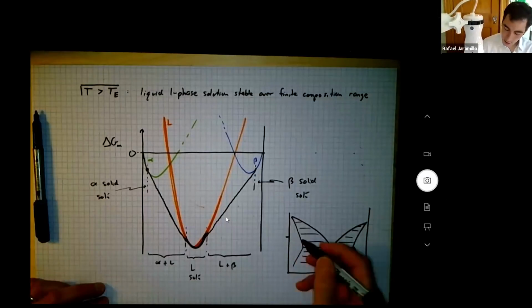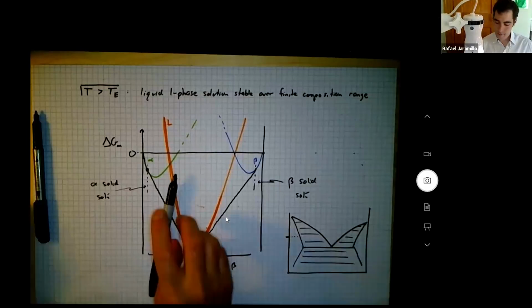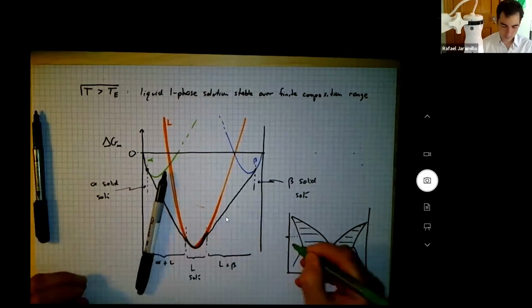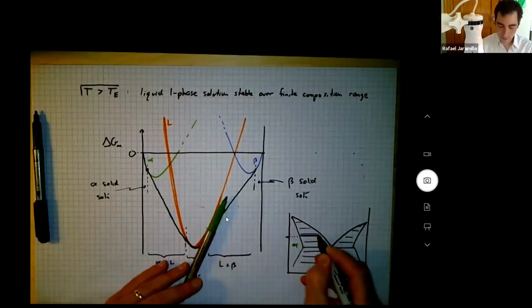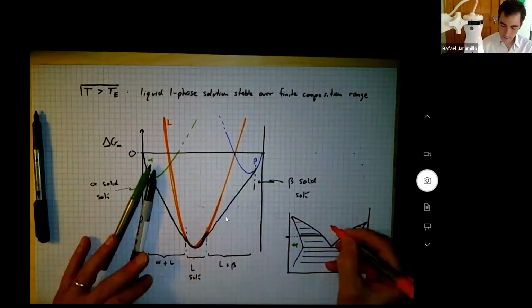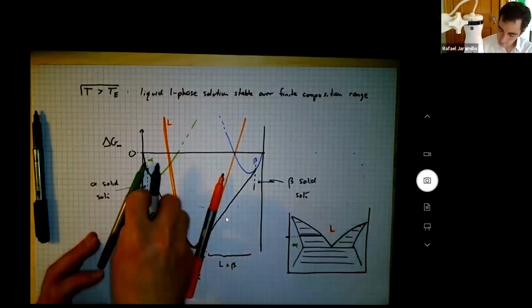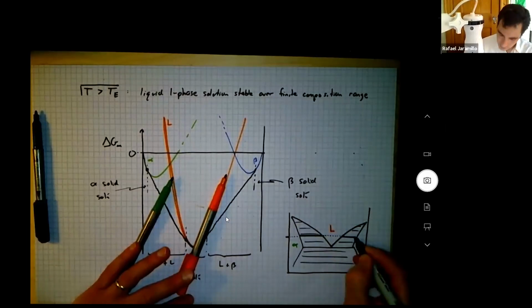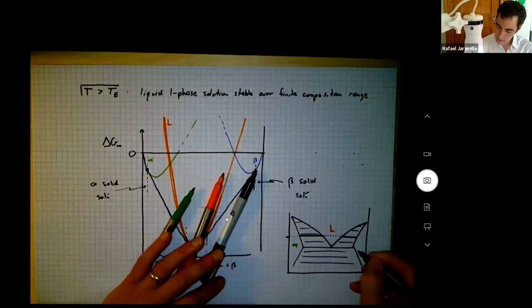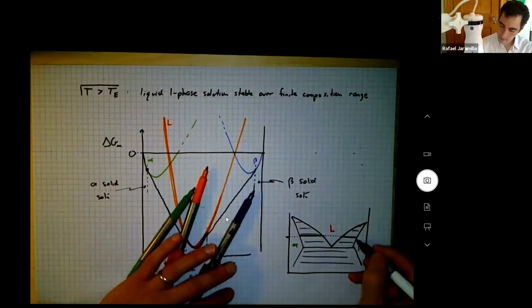So I have an alpha phase solid solution. Then I have a two-phase region between alpha and liquid, and then a liquid solution, and then a two-phase region between liquid and beta, and then a beta solid solution.